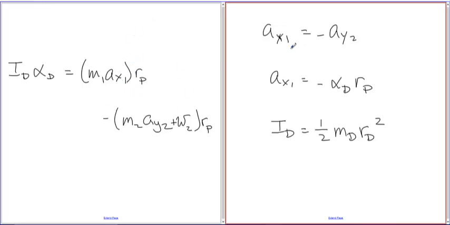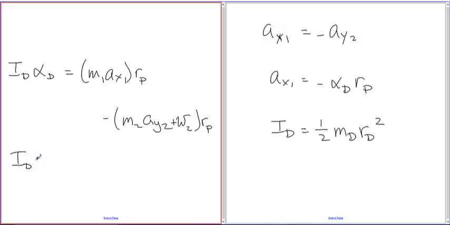So a sub x1 is negative alpha for the disk times the radius for the pulley. So we get moment of inertia of the disk times alpha of the disk is equal to M1, and I'm going to put these two together. And then you've got a_1x, which is equal to negative alpha for the disk times the radius for the pulley. So that's substituting this into this part right there. Then you have M2 times a sub y2.